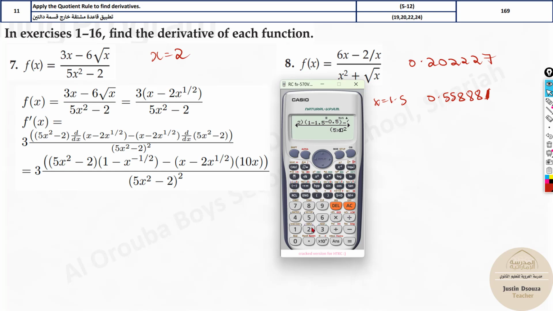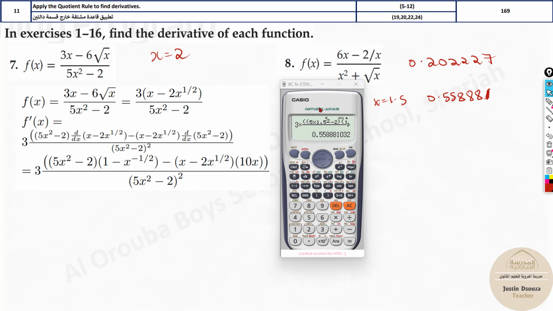Here also it's 1.5. Okay, that's it. Now press equal to, this is the exact answer, 0.5588. So it will be the same. It works only when you have 4 options, otherwise it will not work. I hope this is clear. This is for the first part, the 5 to 12 problems. You can easily do it. Just remember the quotient rule and do it.